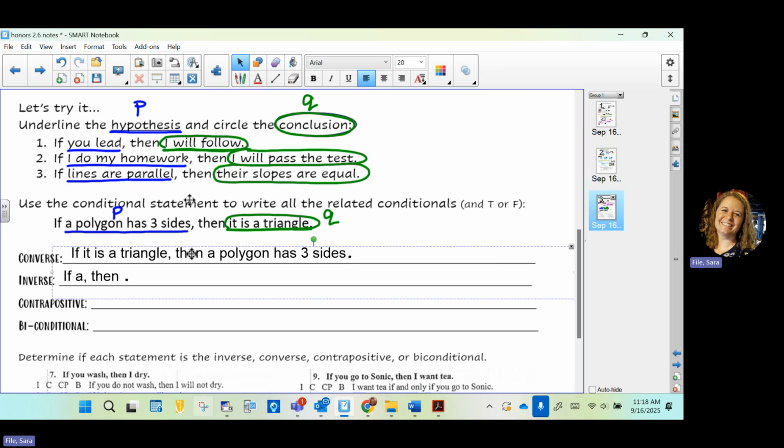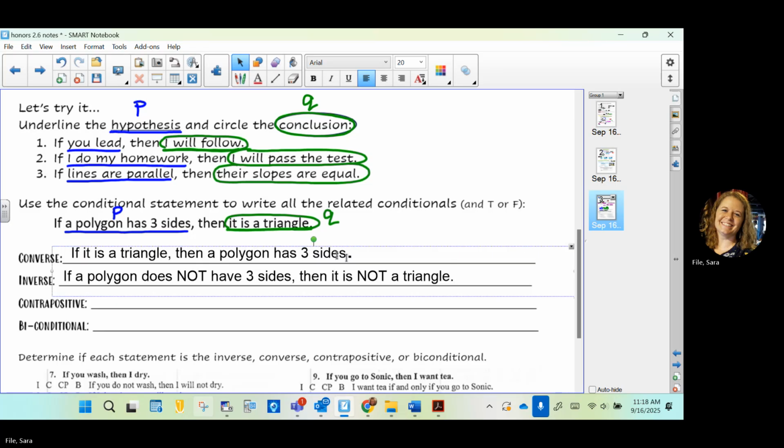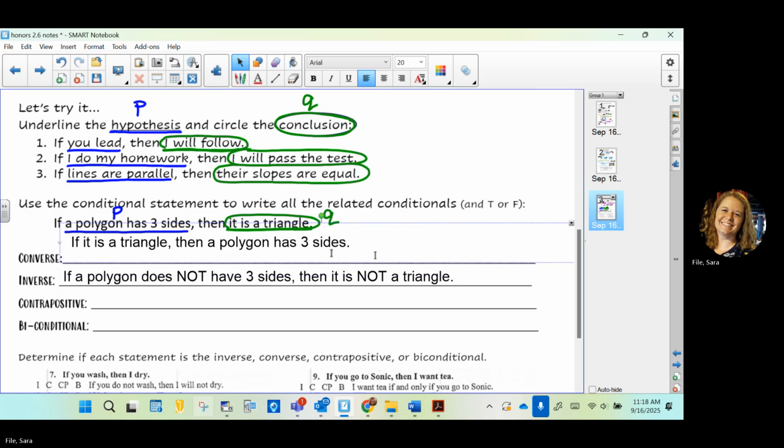So now it's going to be a polygon does not have 3 sides. So if a polygon does not have 3 sides, then it is not a triangle. Both of those are true statements, right?